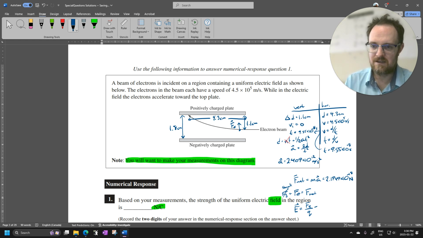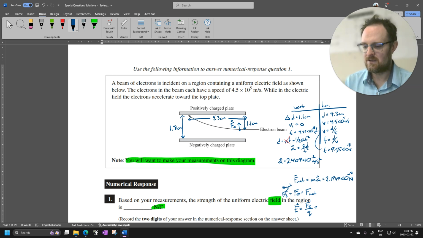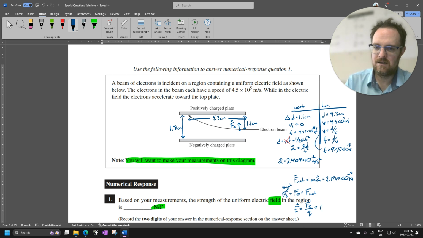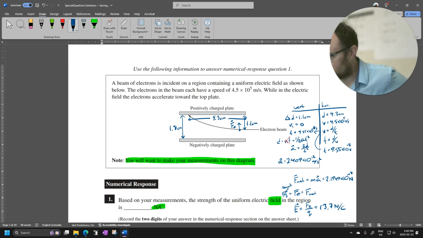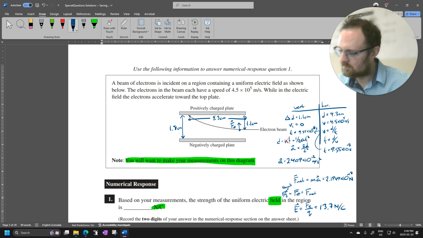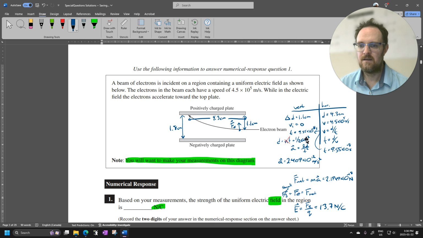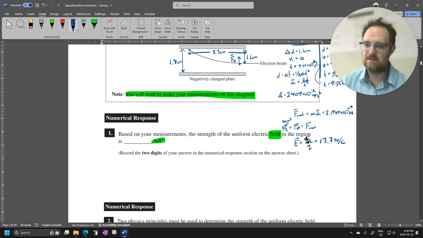And then I could just divide by Q. This is an electron, so 1.6 times 10 to the negative 19. So I get 13.7 newtons per coulomb. There you go. Cool. And there you go, that's my answer. So, bada boom, bada bing.